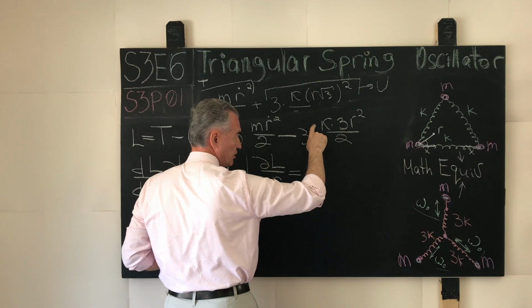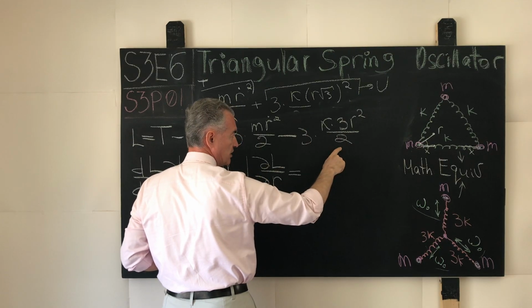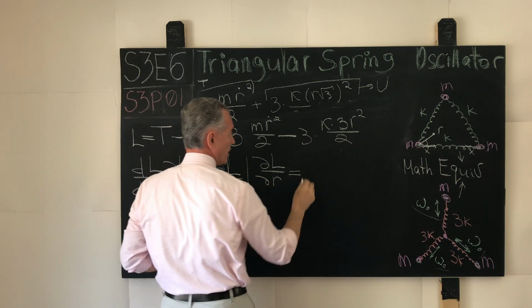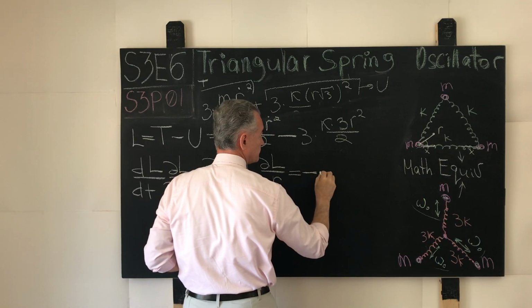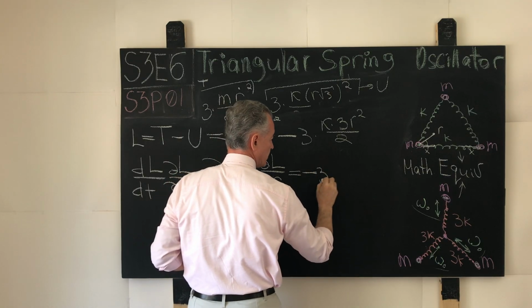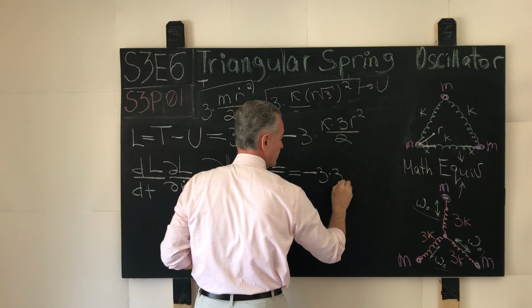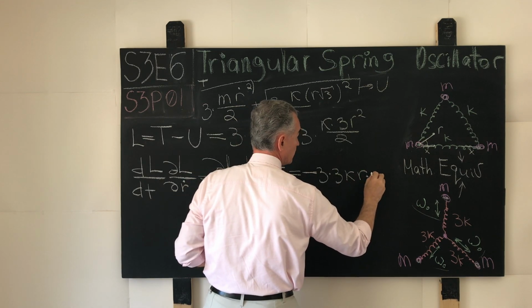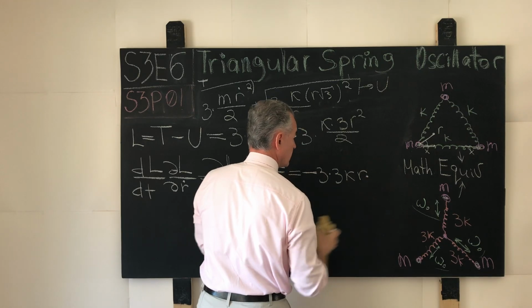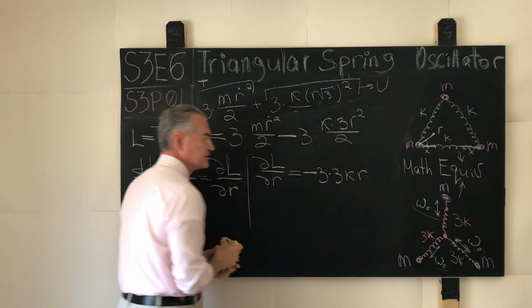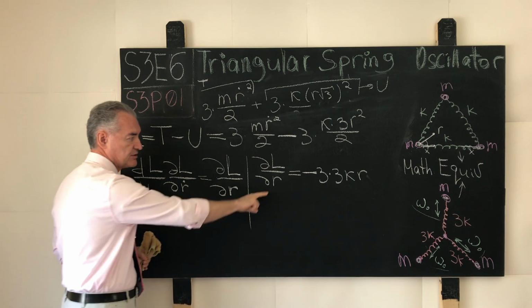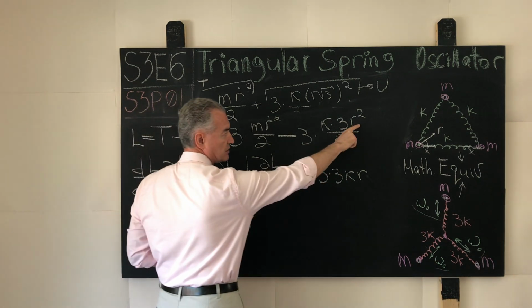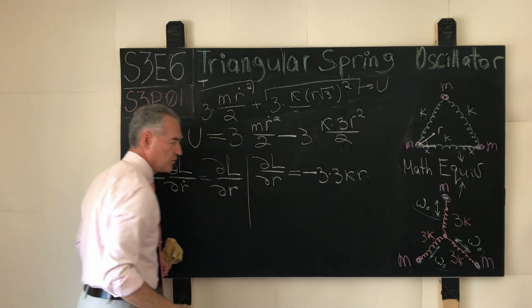The 2 in the numerator and 2 in the denominator cancel out. So that will be minus 3 times 3k r. This is the partial derivative with respect to r. So this is very straightforward.